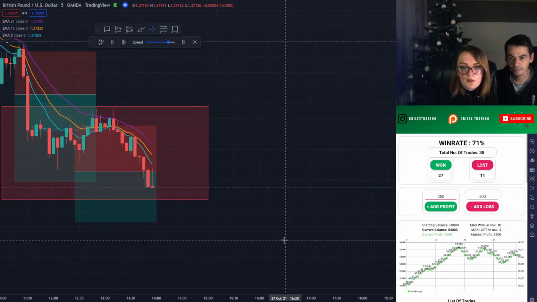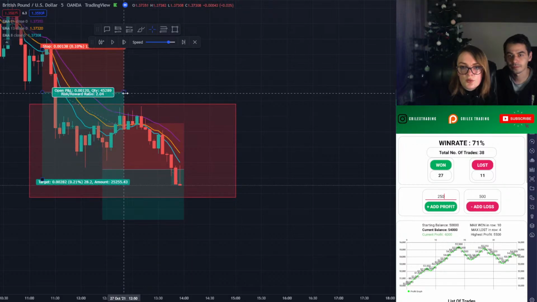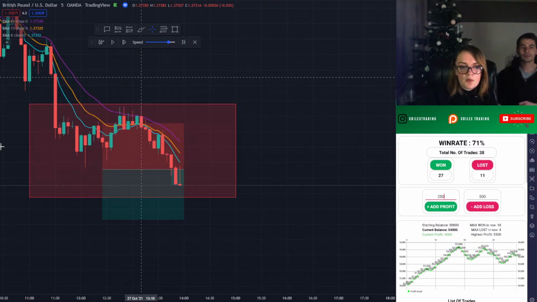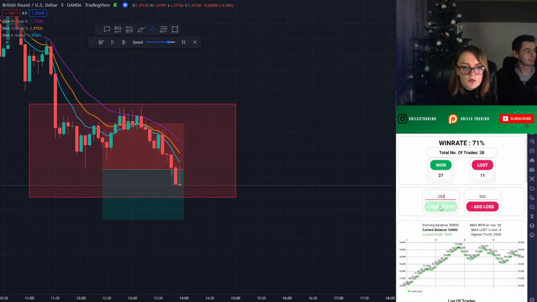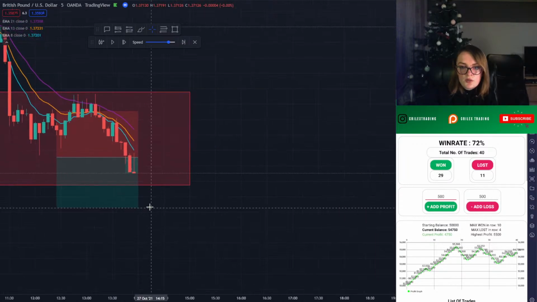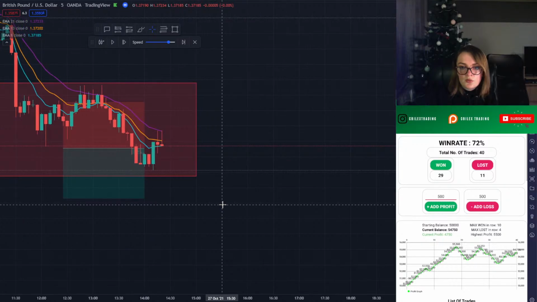Okay, and now our first position was closed at full 2-to-1 risk reward ratio. So I am going to mark the results: 250 for the first position, 1-to-1, and 500 for the second one. And also we've got triggered into this scaling, and let's see how it will play out.